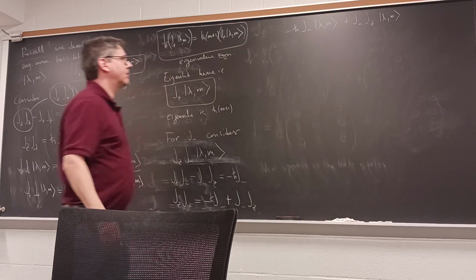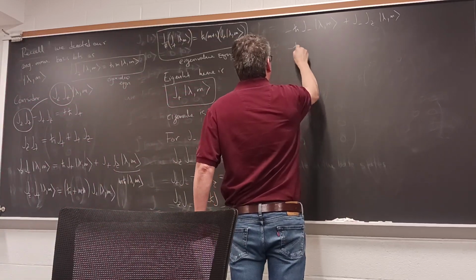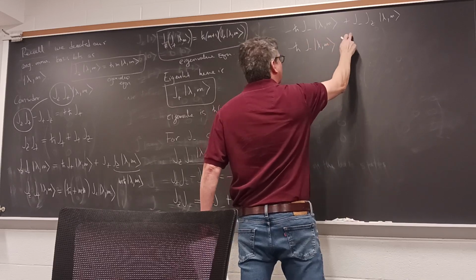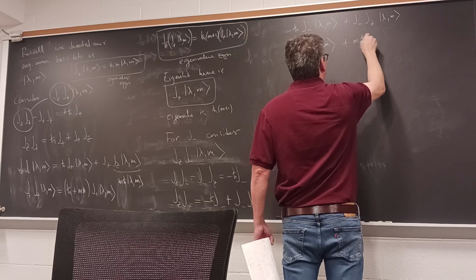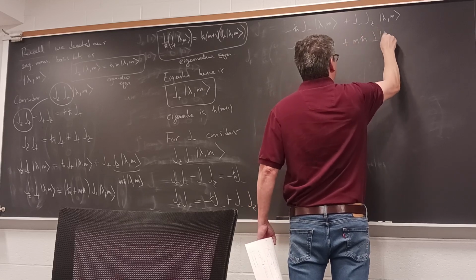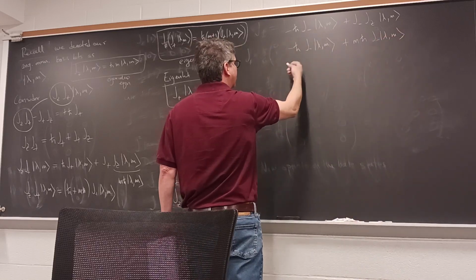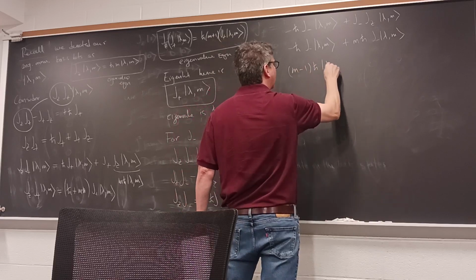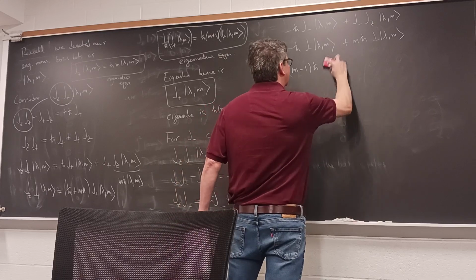Okay, and so we'll have minus h bar, j minus lambda m, and then again, this will pop out an m, so we'll have plus m h bar, and then j minus on lambda m. So this will give you m minus 1 times h bar, lambda m, oops, j minus lambda m.